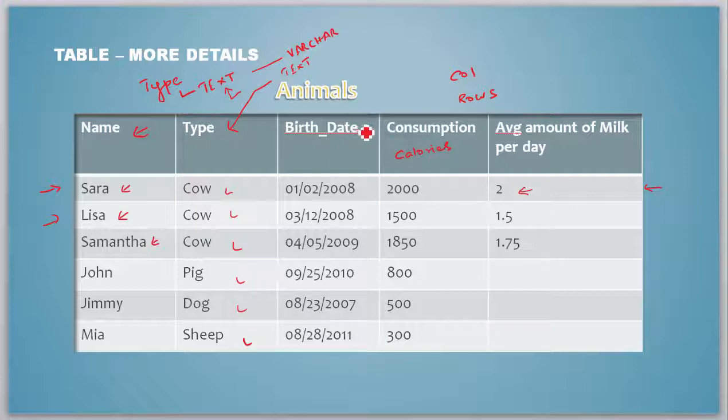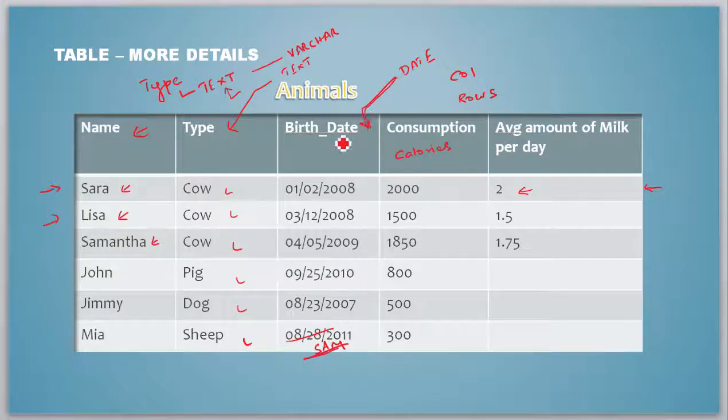And then this one, it's birth date. There is a special type called date in most of the databases, and we can configure this as date. What that will do is, if someone mistakenly enters a value, let's say Sam here, the database would not just allow it. It says this doesn't look like a date.